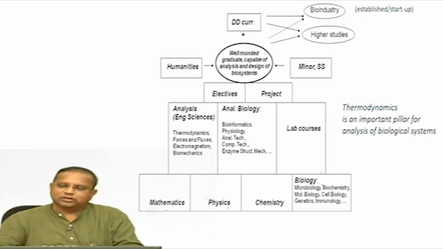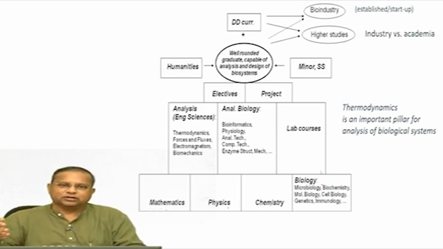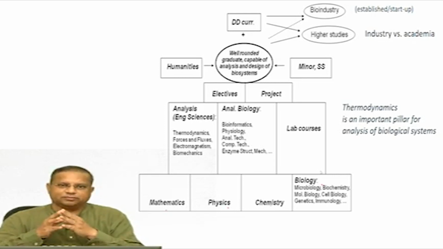I'd also like to mention this aspect about industry versus academia. Of course, the initial view for graduate students who graduate, undergraduate students, is towards the industry. Could be, maybe a fraction of you are interested in higher studies. Okay. Both are certainly valid.